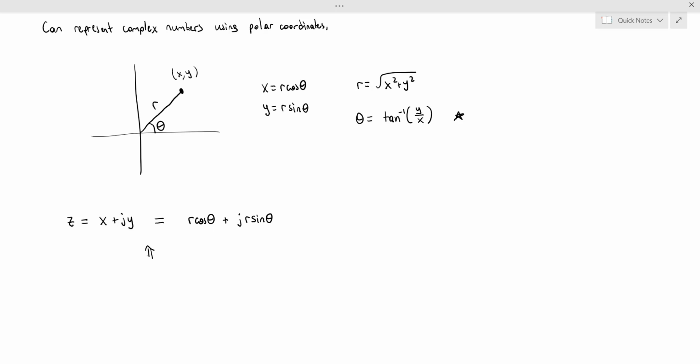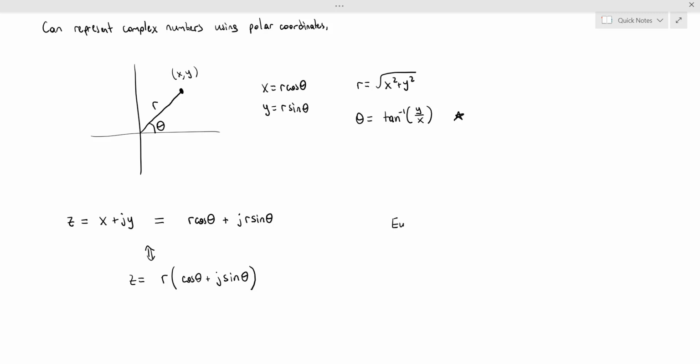So therefore, we can also write z as r times cosine theta plus j times sine theta. All I did there was take these two r's and factor them out of the parentheses.